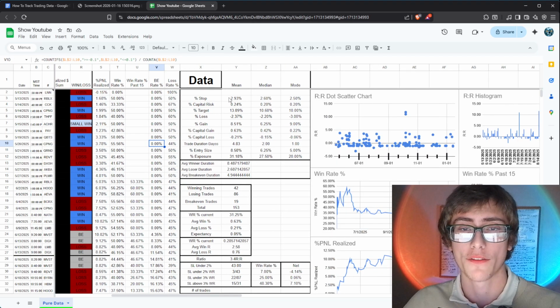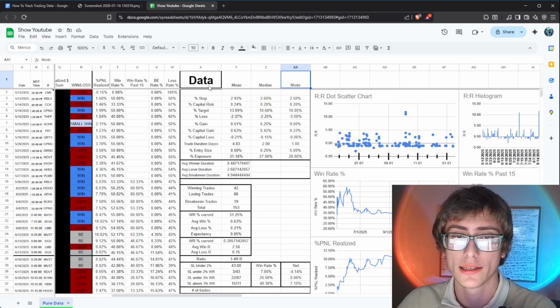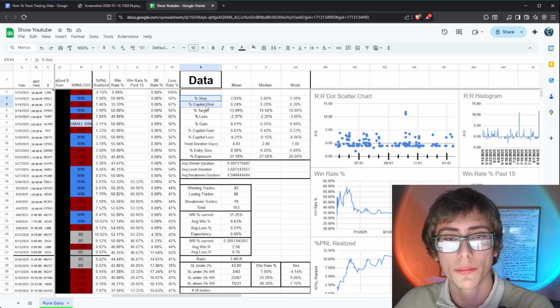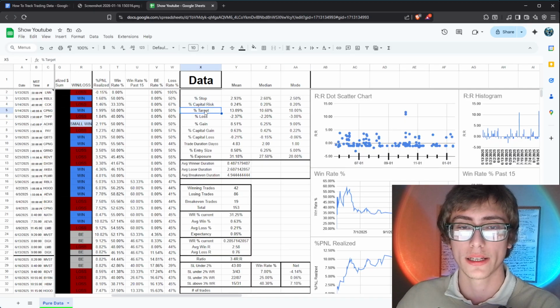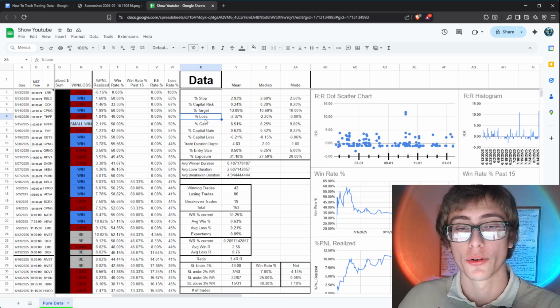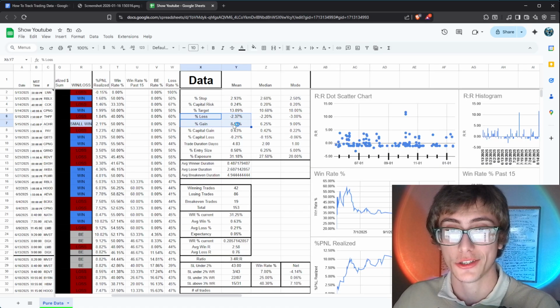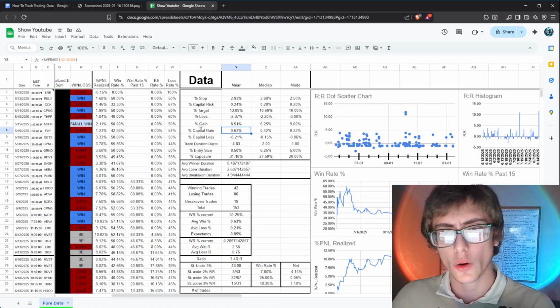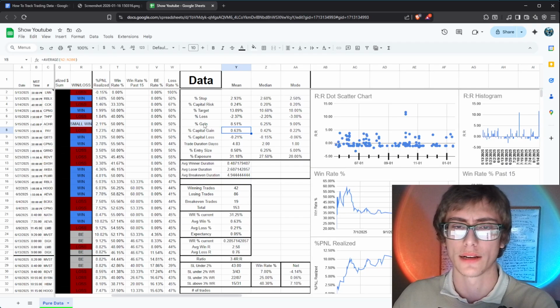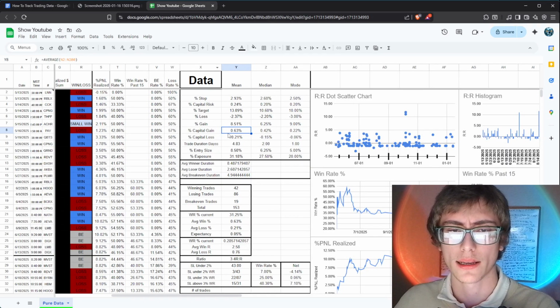Moving on, I have my mean, median, and mode data panel where I track my stop percentage, capital risk, target, which is kind of like nonsense, honestly. Now this is the juice, right? Average percentage loss, average percentage gain, and then also mode is just a fun one, kind of a curiosity sake.